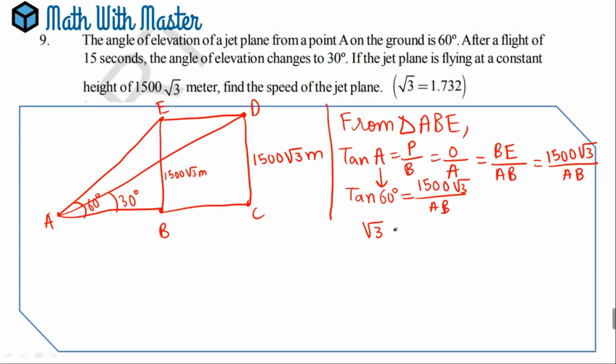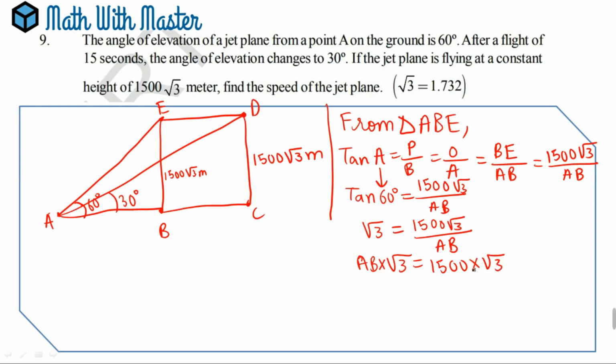After cross multiplying, AB into root 3 is equal to 1500 root 3. Root 3 and root 3 get cancelled, and AB is equal to 1500 meters. So we have got AB as 1500 meters.